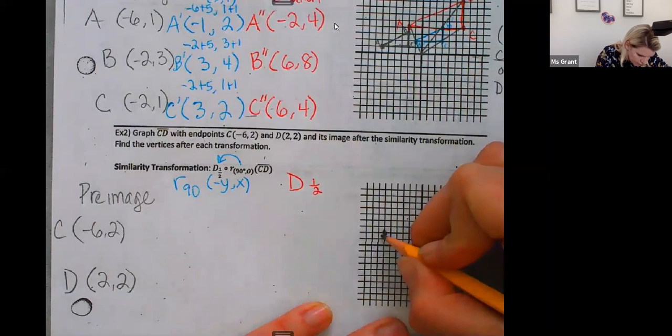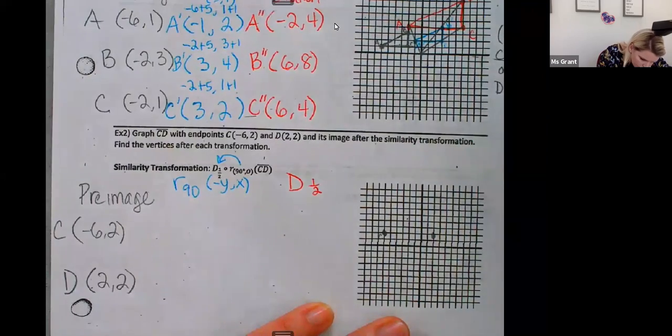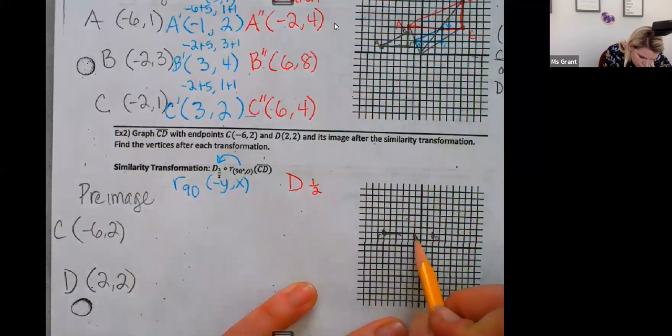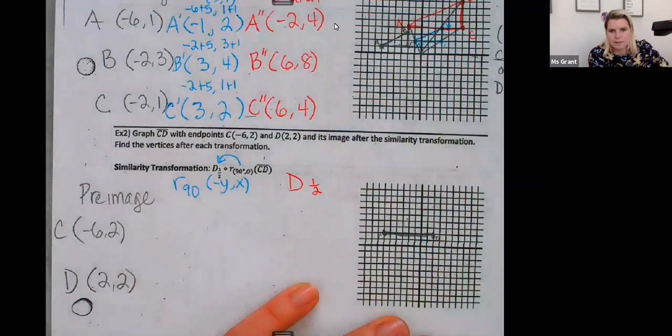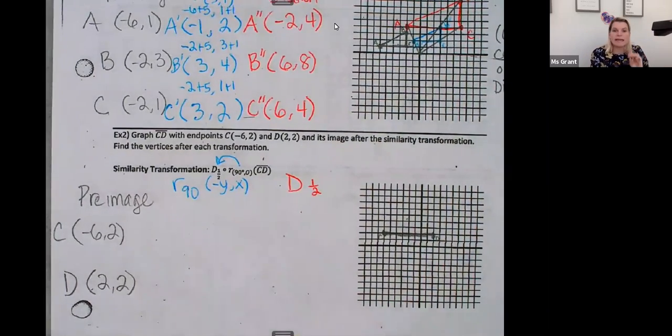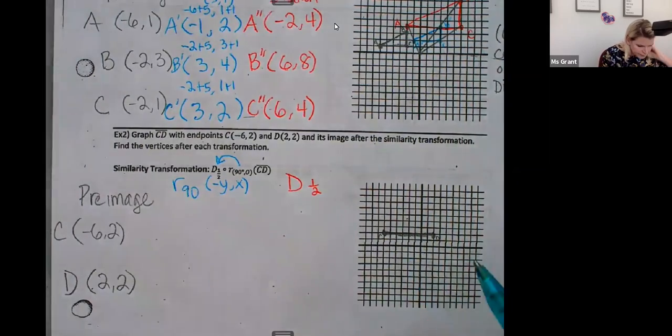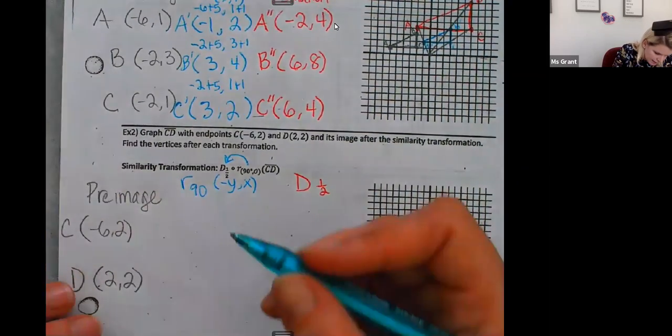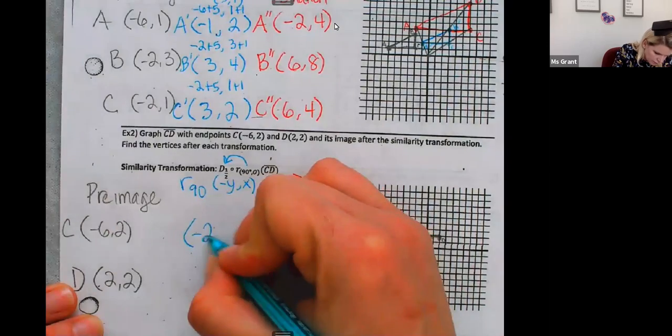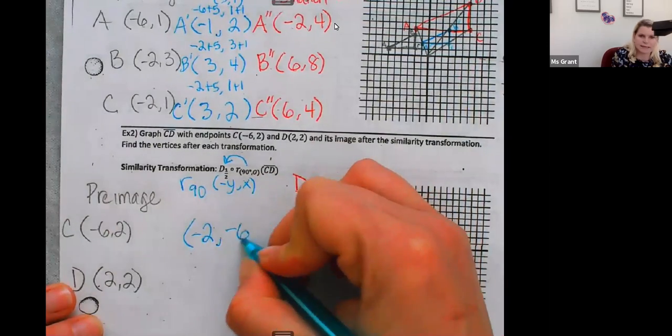Okay, this is bar CD. If I'm going to rotate it 90 degrees, we have the ordered pairs, which we talked about. Change the y value and make it negative, -2, and it goes in front, and the x value stays the same and it goes second.